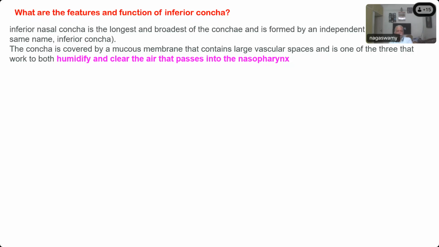So why is humidification important? What will happen if you keep on breathing dry air? It will cause crust formation and bleeding. Not only crust formation in the nose, but also lower down in the respiratory tract. What will happen if you continue to inhale dry gases without humidity? Which other function will be affected? Ciliary activity.